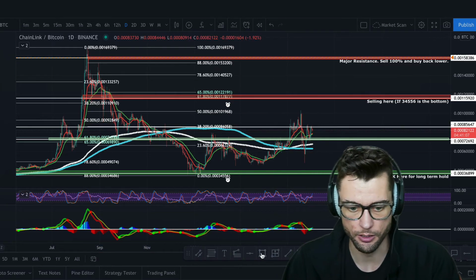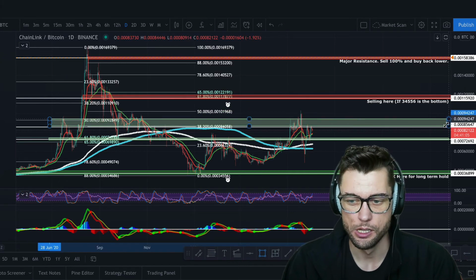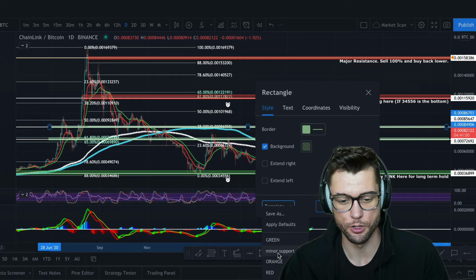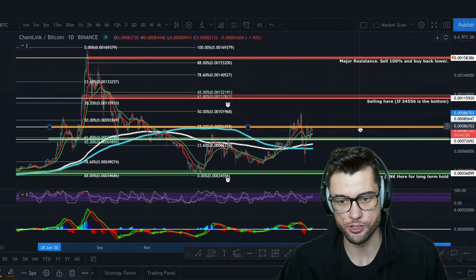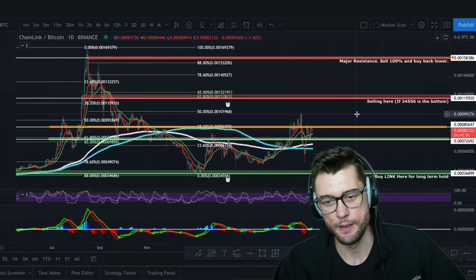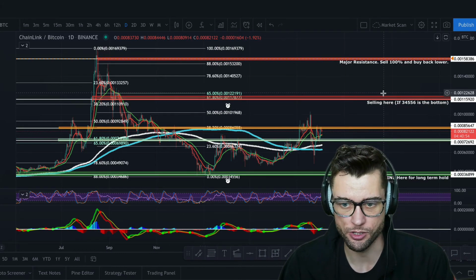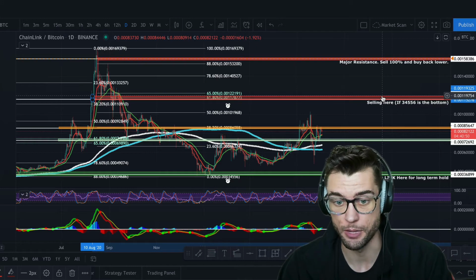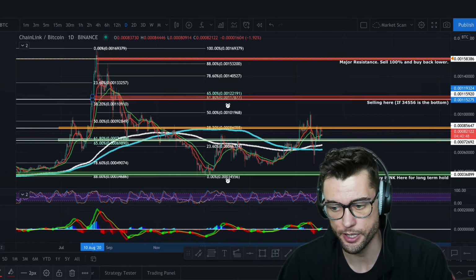I don't want a rotated rectangle, I want a regular rectangle. My graphs use orange for minor resistance, light green for minor support, dark green for major support, and dark red for major resistance. It makes it a lot easier to understand the charts, in my opinion. So I just put those there.